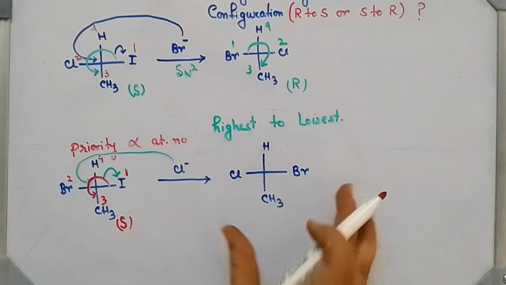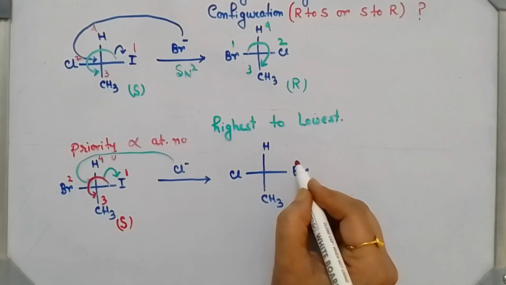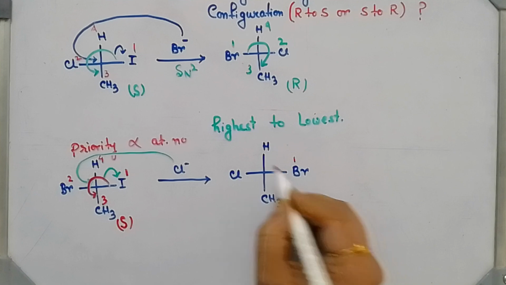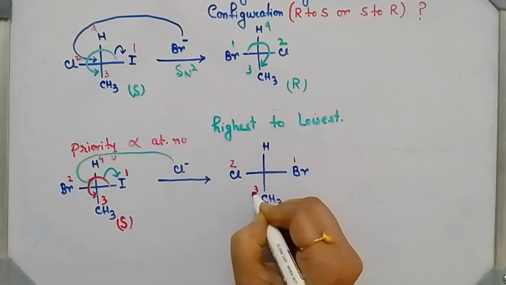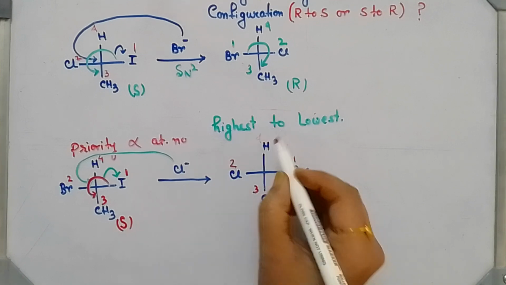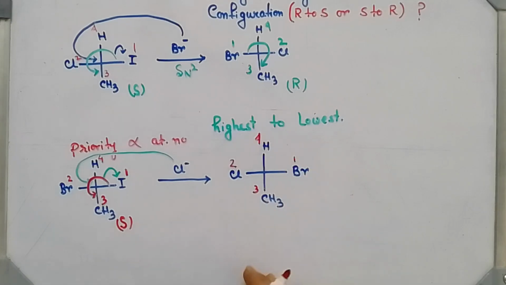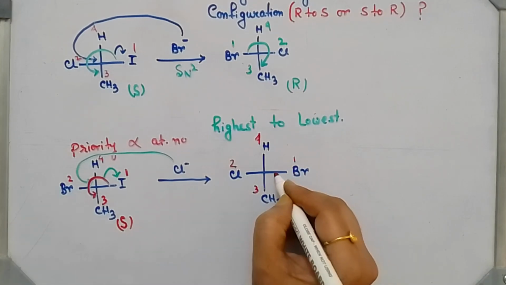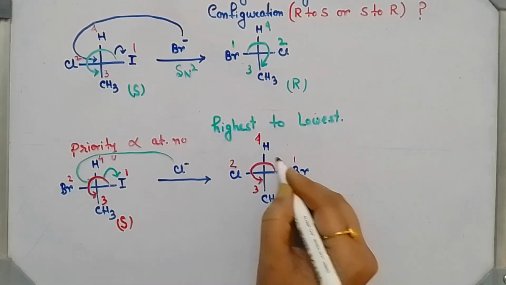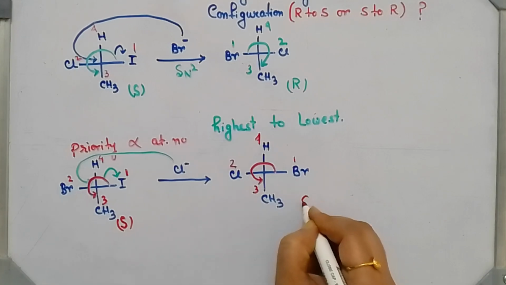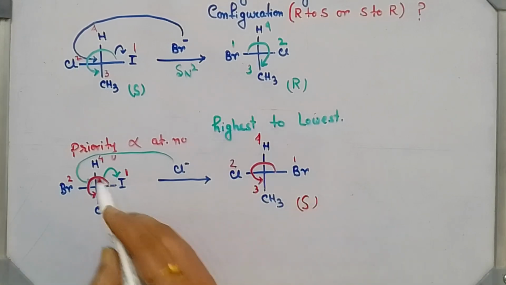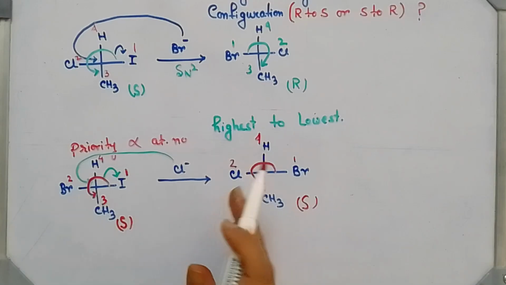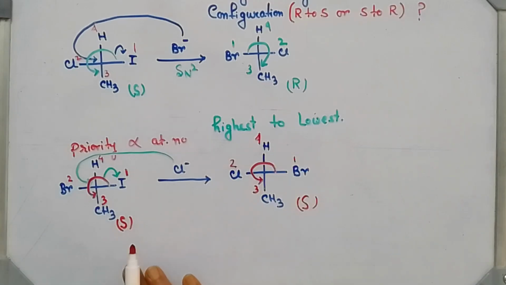What about this? Here the highest priority atom is this one, then this one, then this one, then this one. Priority is proportional to the atomic number of each group directly attached to the chiral center. So 1, 2, 3. This is anti-clockwise, meaning its configuration is also S. Here and here also the lowest priority group is on the vertical line.